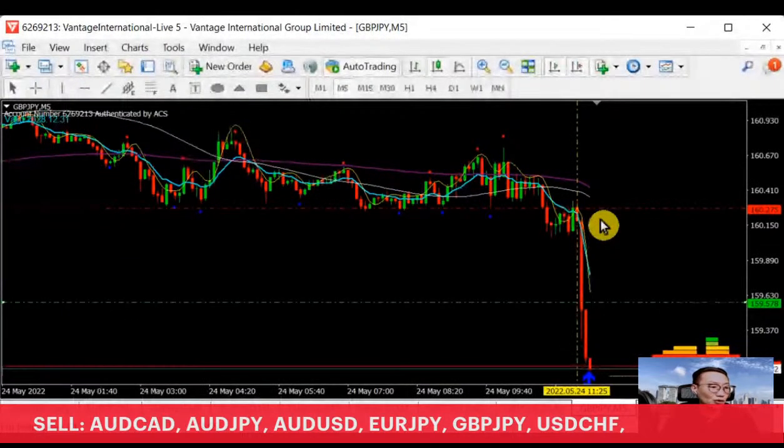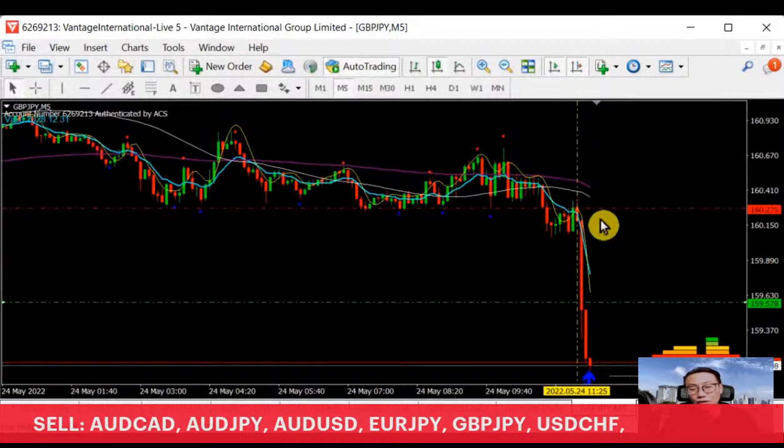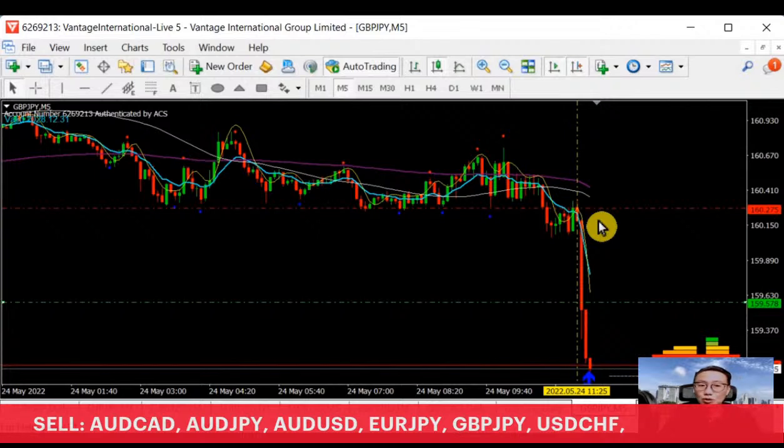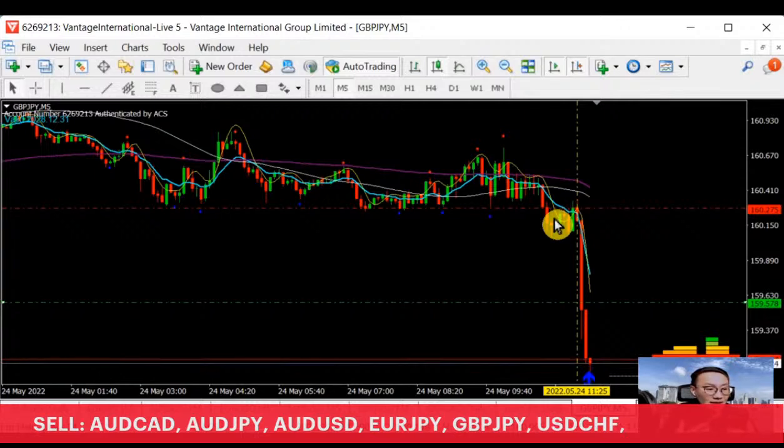Then that is a sell, and you should ride the wave, to sell together with the big boys. So you see, as I am explaining, this is how I enter a trade.